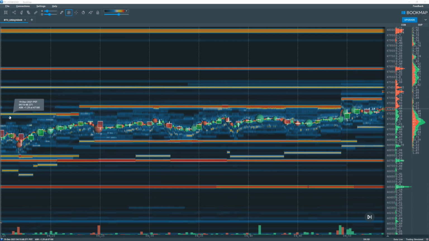In addition to those, there are also these horizontal colored bands. Here you see one that's yellowish that turns into red, slightly darker orange turns into dark red, and here's another one on top, and it goes all horizontally. One thing about the heat map is that the action on the far right here is closer to the present time.